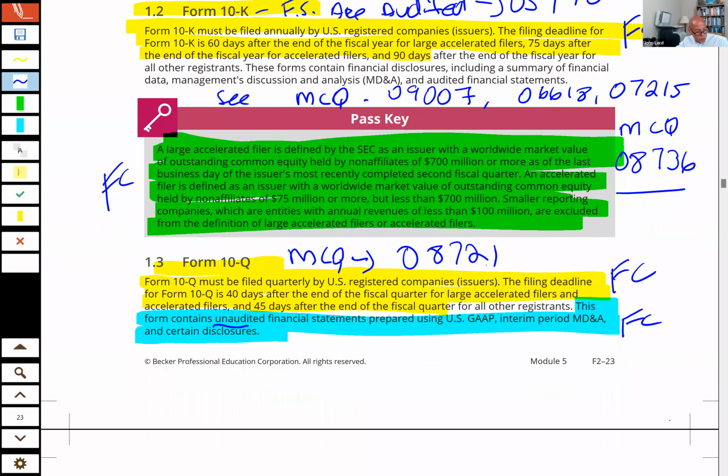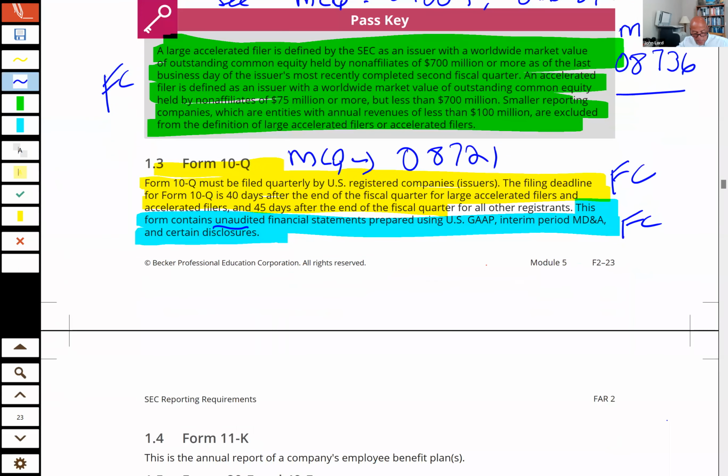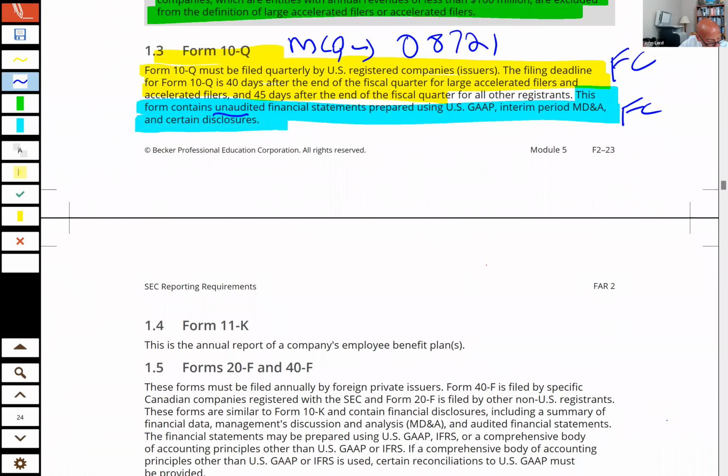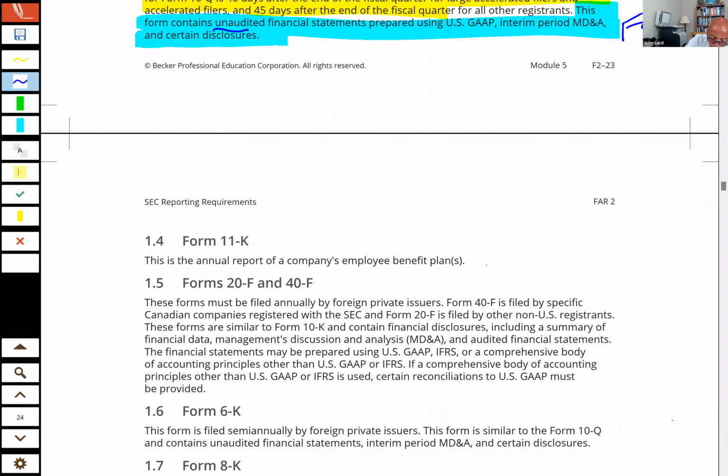Okay, good. Come over, and we've got Forms 20-F and 40-F. F equals form. There are some foreign entities that are allowed to list on the US stock exchanges.